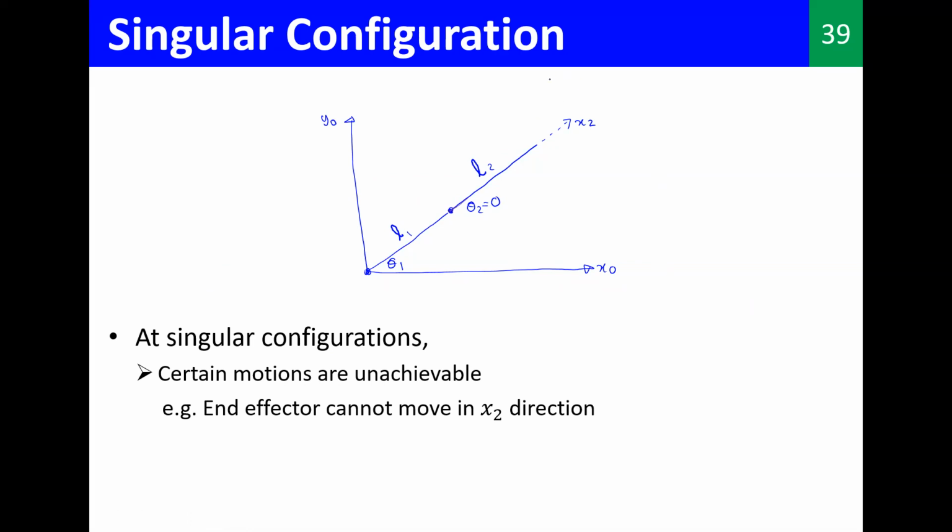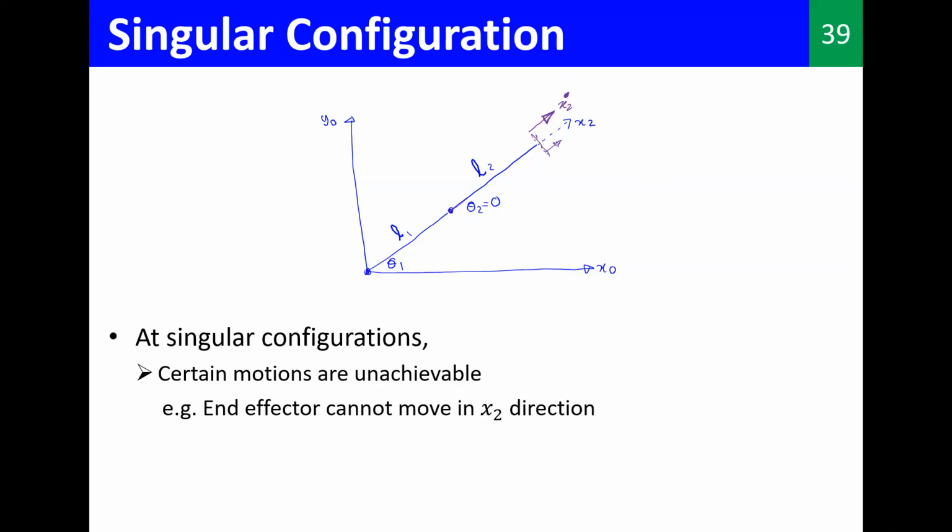Now let's say I want to give some velocity in this direction, I want to have some x2 dot. Since this is a singularity, you can really understand because this is like the maximum point, so we are unable to move further.